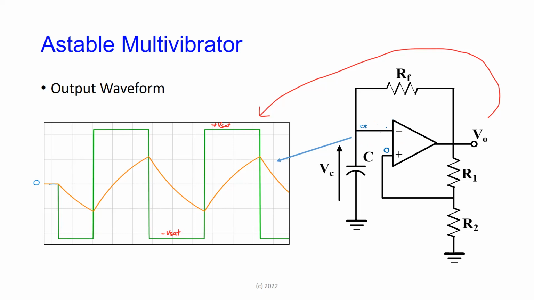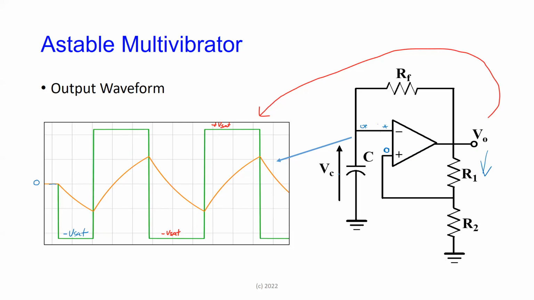So the instant here gets more positive, the inverting terminal gets more positive than the non-inverting terminal. The output here is an inverting arm. So if this goes more positive than this, the output is going to saturate negatively. It's going to invert and instantly go down to minus V sat.